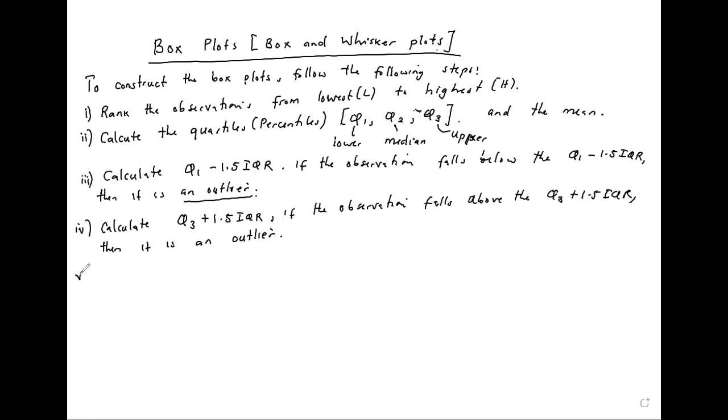And then the fifth step is a construction step. In a case where there are no outliers, construct the box plot as follows.